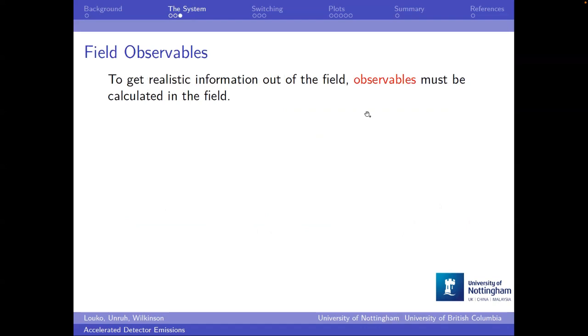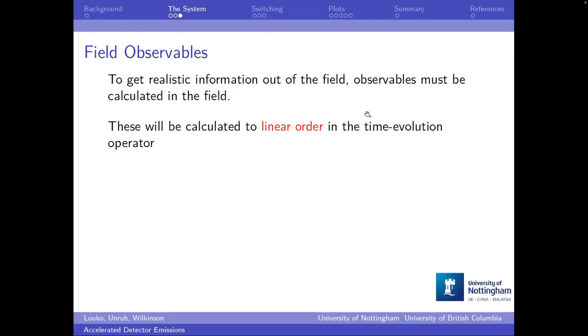To get information out of the field, we can't just ask the field itself, we ask questions about the field, and we do that via observables that tell us about certain dynamics. These observables, in this case, are calculated to linear order in the time evolution operator. This is fairly important. This is neglecting some terms in the final observable, which correspond to the detector being excited and de-excited.